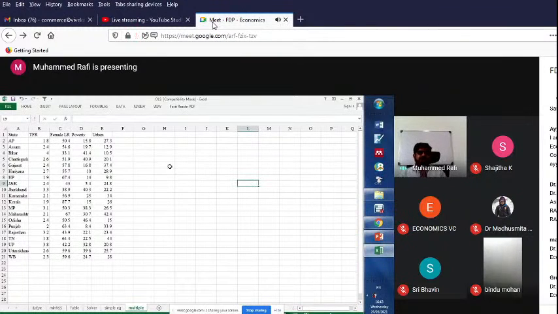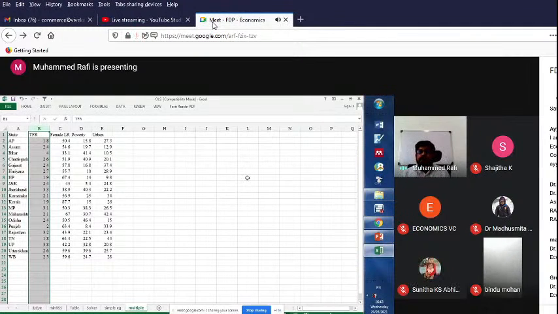So this is the actual data from 20 Indian states. So we are trying to estimate the relationship between the total fertility rate and the other variables. So here our purpose is to find what are the variables which lead to the change in the total fertility rate.